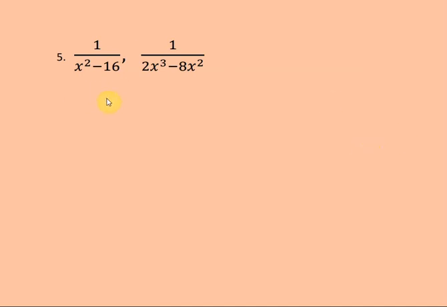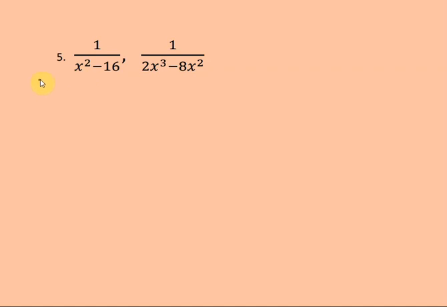These polynomials, however, are not completely factored. In this first term, x squared minus 16 is a difference of perfect squares. Remember, when we have a binomial and there's subtraction in the binomial, if both terms are perfect squares, then we can use a difference of perfect squares to factor that binomial.